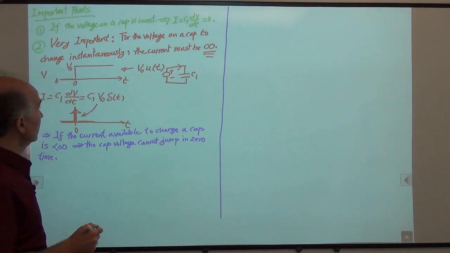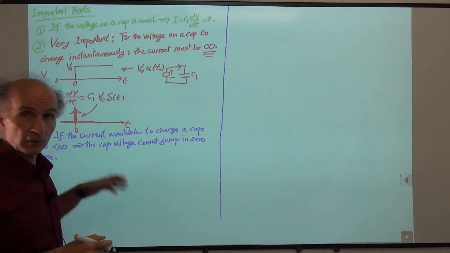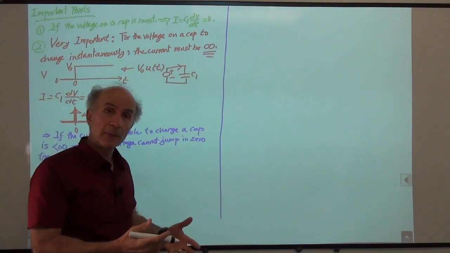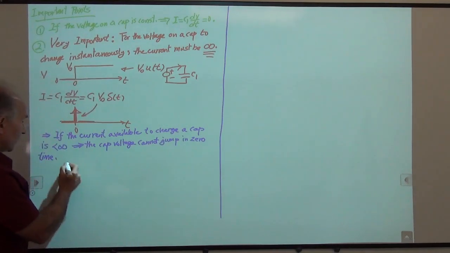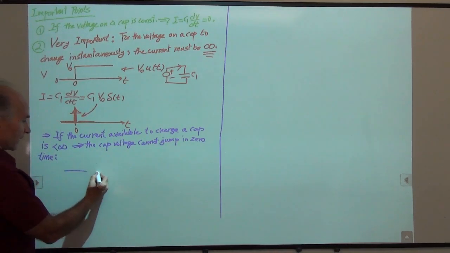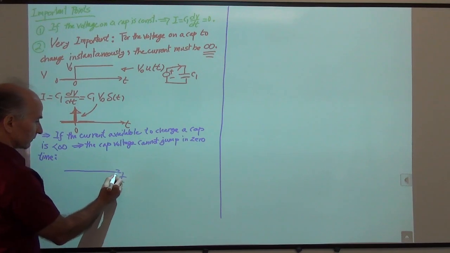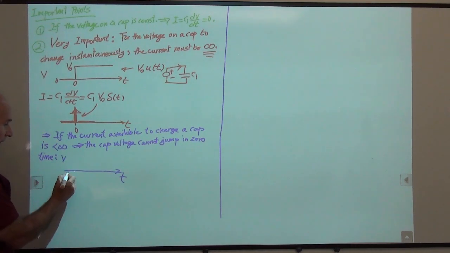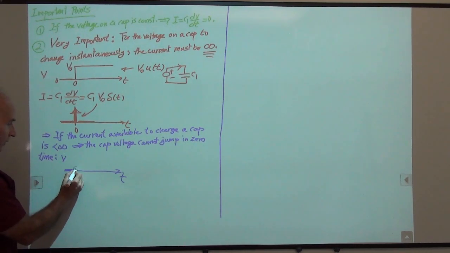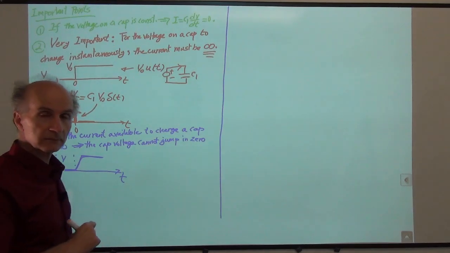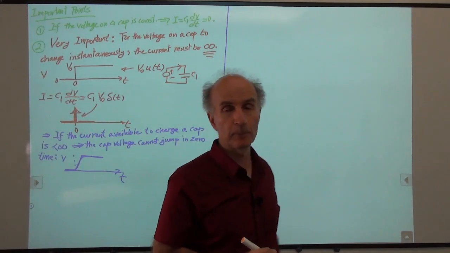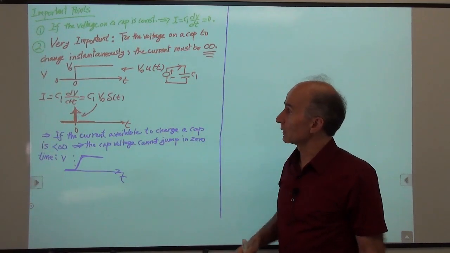The point is that if the current that's available to us is not infinite, then the voltage cannot just rise in 0 time. So in reality, the voltage will be like this. So V, as a function of time, cannot go like this, right? It has to take some time to reach its final value. All right? Okay.